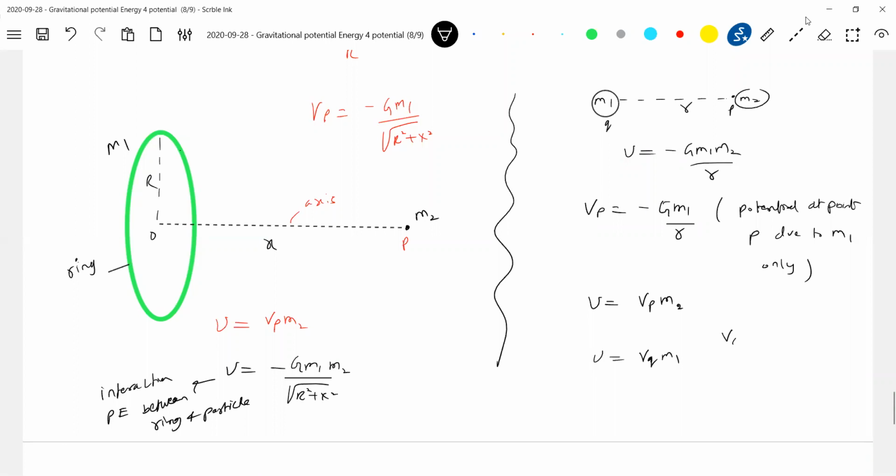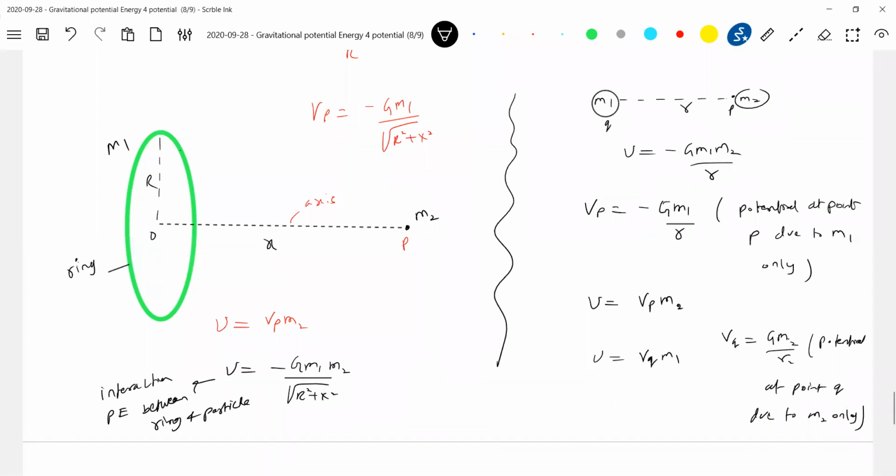So what is VQ? Potential at point Q. Yes, fine, no problem. See, like questions come, okay, fine.